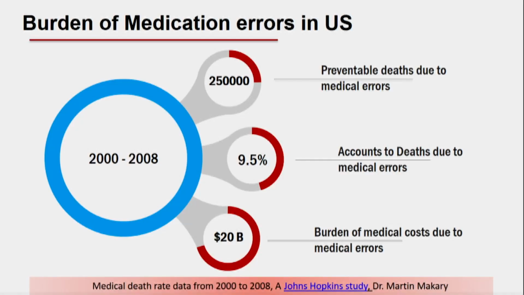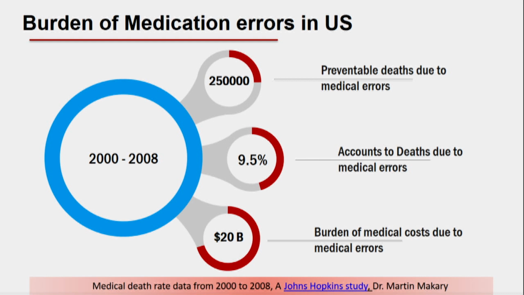So when we look at the issue of medication errors, I think the US has a very stringent mechanism to capture them. When you look at the burden of medication errors in the US, they found that 250,000 preventable deaths were due to medical errors. 9.5% of the ICU deaths and high-risk deaths were due to medical errors, which included a wrong medication, a wrong dosage, a wrong rate of infusion.